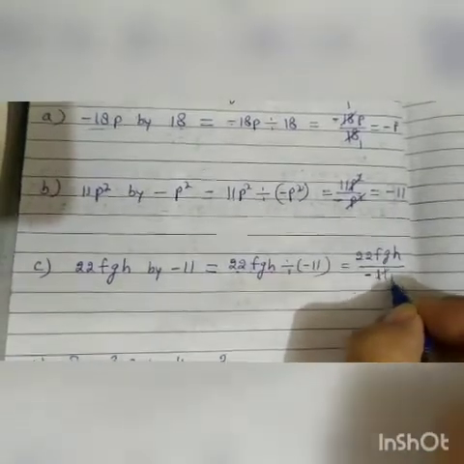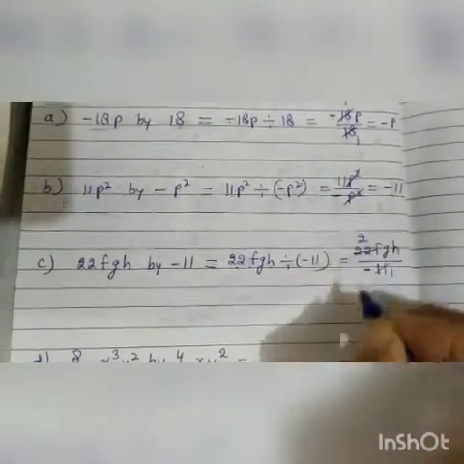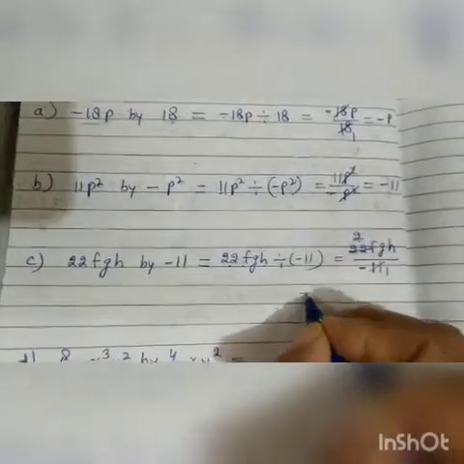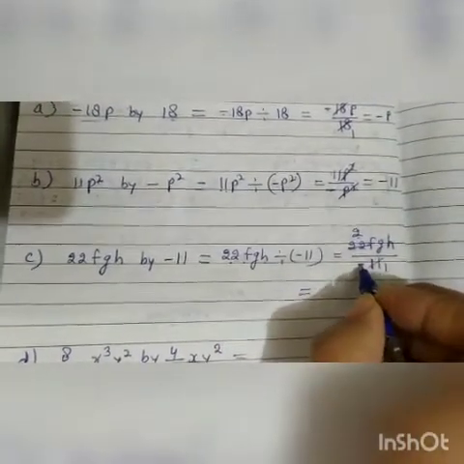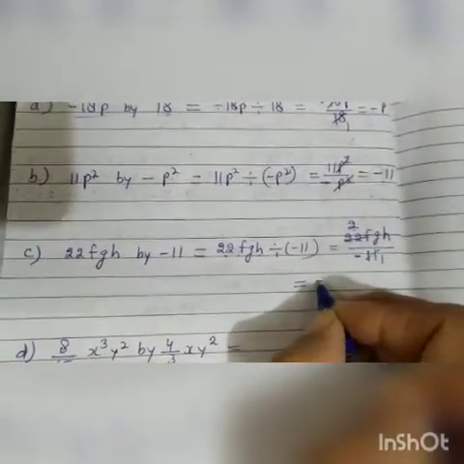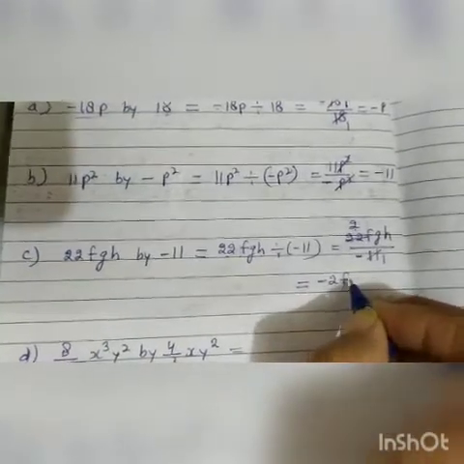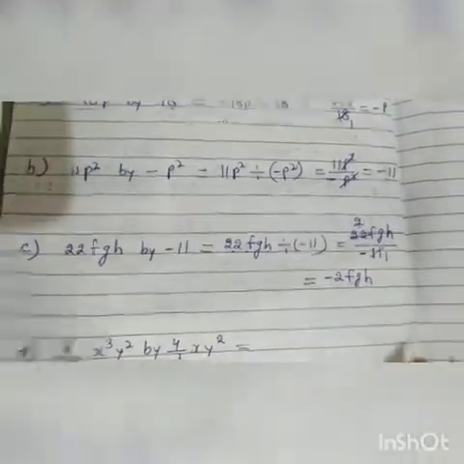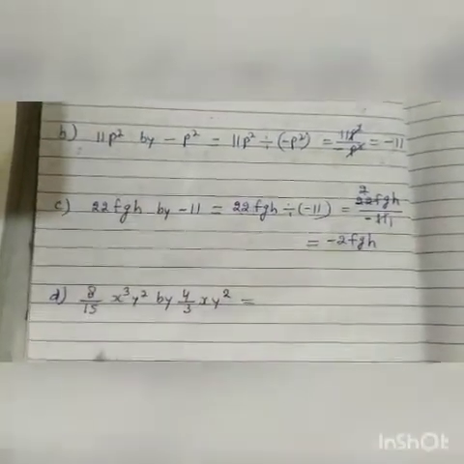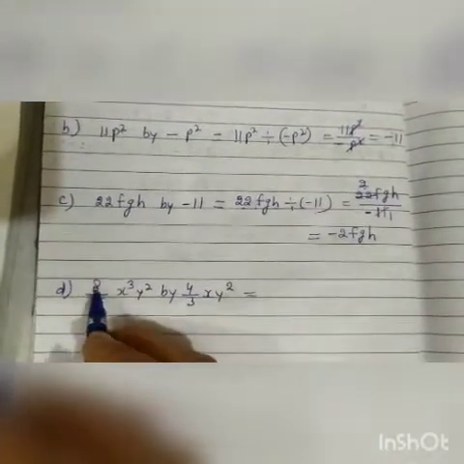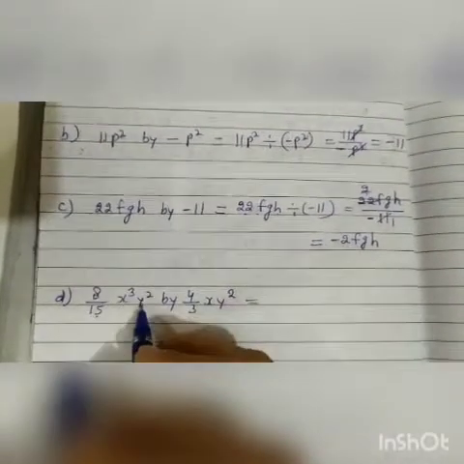So 11 1 is 11, 11 2 is 22. Then our answer will be this minus sign. We will write it with this 2 minus 2FGH. Clear?